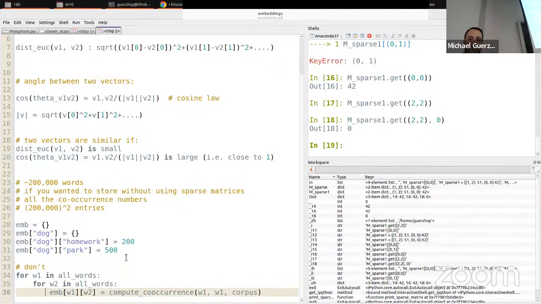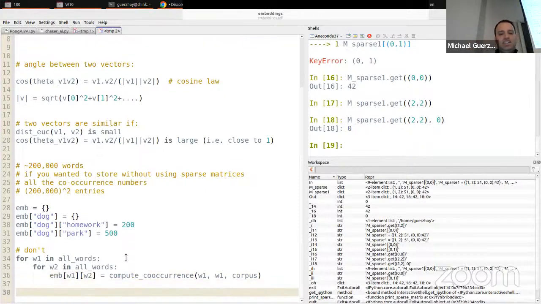The reason it's a bad idea is because this is O of n squared, where n is the length of all words. Of course, you're repeating the same thing: for each word, for each other word, compute the co-occurrence. So that's O of n squared, and that's where complexity analysis helps you in practice.